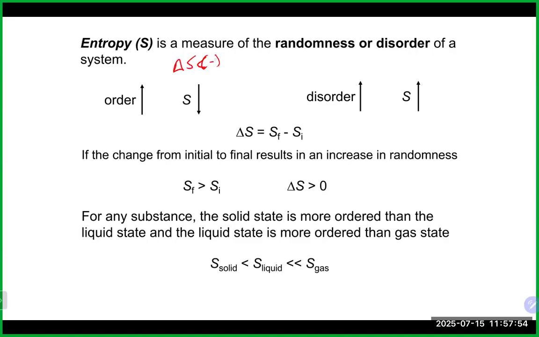Yeah, it becomes more negative of a value. As the amount of disorder increases, the change in entropy becomes more positive. So when we talk about entropy, if we have a positive entropy value, what that means is overall from where you started to where you end, there is a lot more disorder happening.